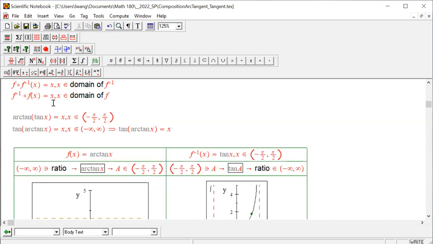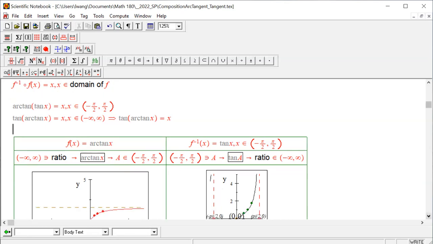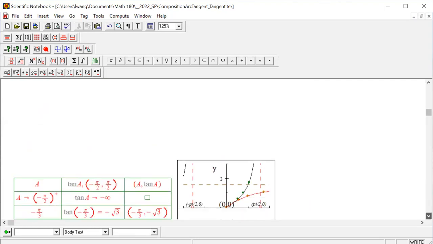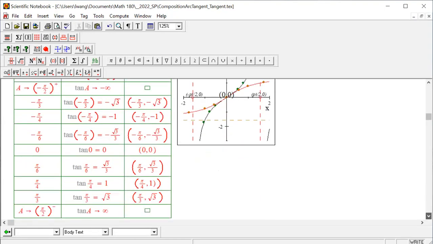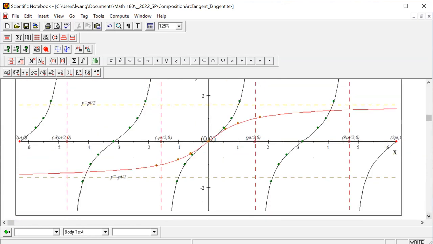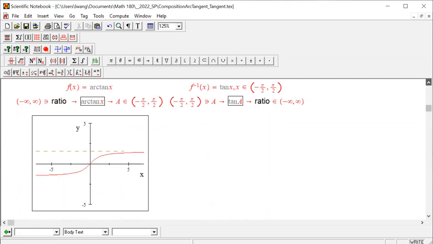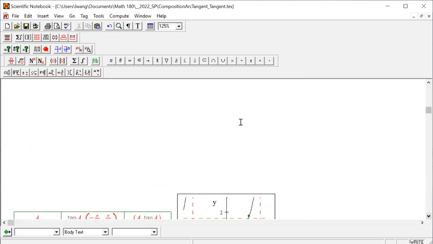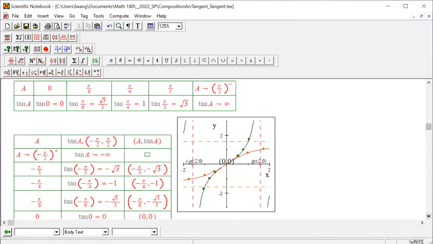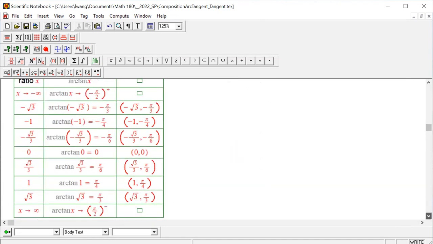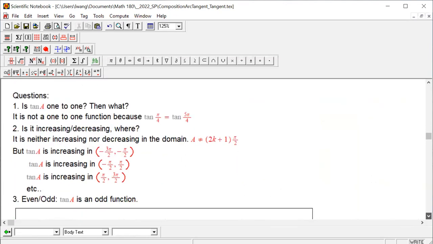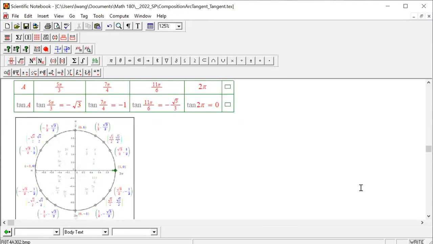We know the domain and range, and we have done much of these, the tables. Let's see, I think we have another table, didn't we? Tangent, arctangent. I didn't copy that arctangent table over here. I'm going to find the other arctangent table and bring it closer to us, in case we need it.